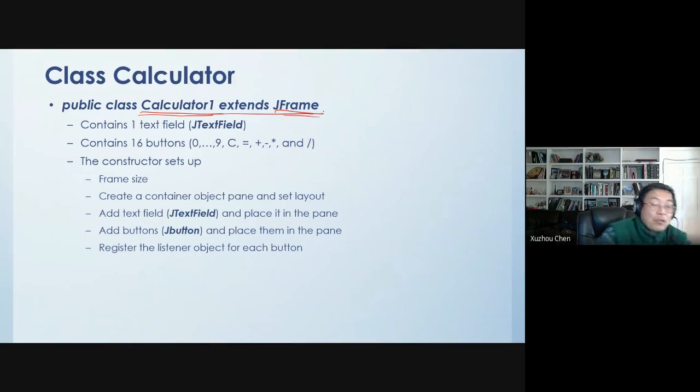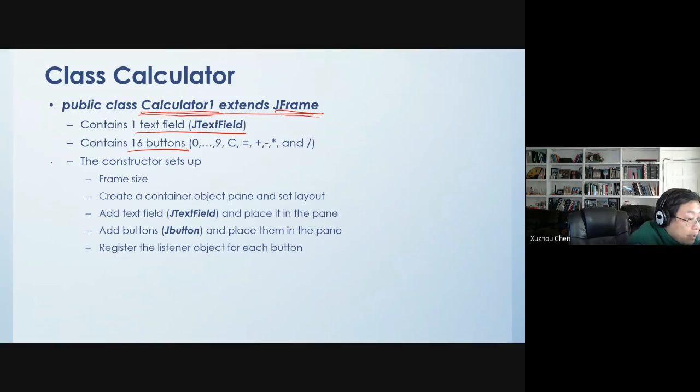So I can use all the methods defined in JFrame in Calculator1. Calculator1 is a derived class of JFrame, so Calculator1 is a JFrame, right? The JFrame is going to contain one text field and 16 buttons.